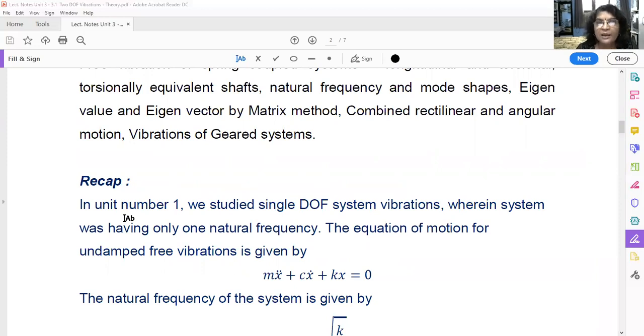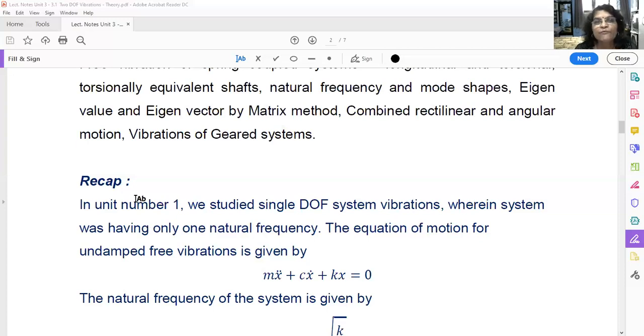In unit number 1, we have learned single D wave system, undamped free vibrations, and here in unit number 3, we are going to learn 2D wave system, undamped free vibrations. So the difference is only unit number 1 single D wave, unit number 3 2D wave system.